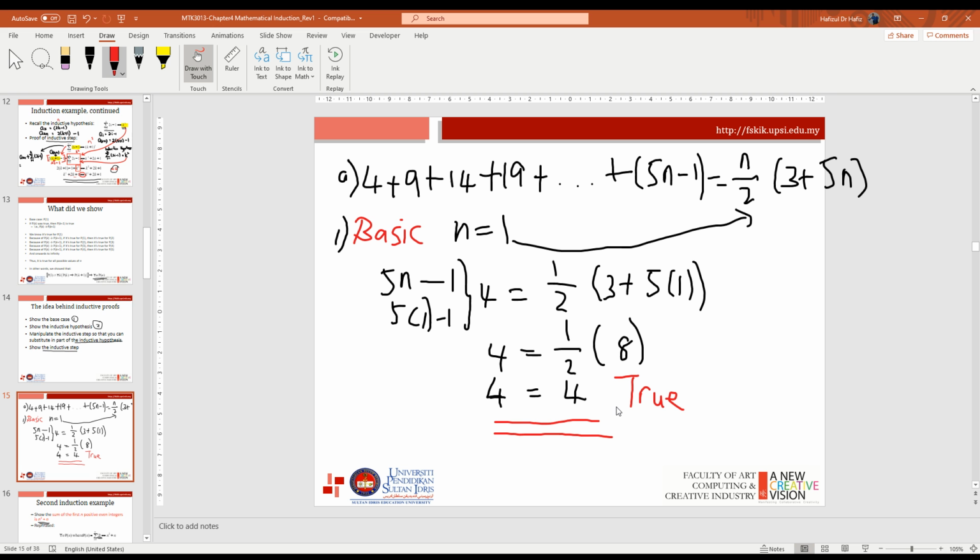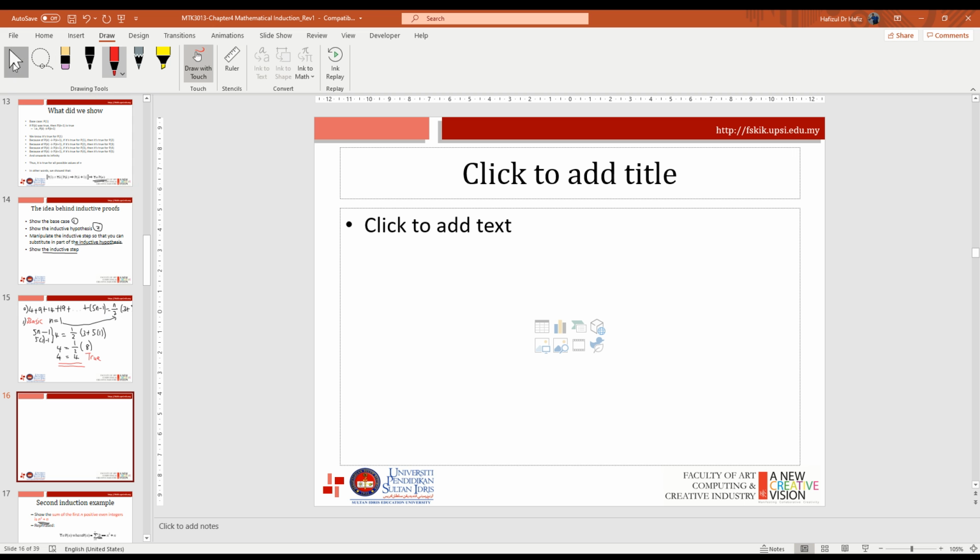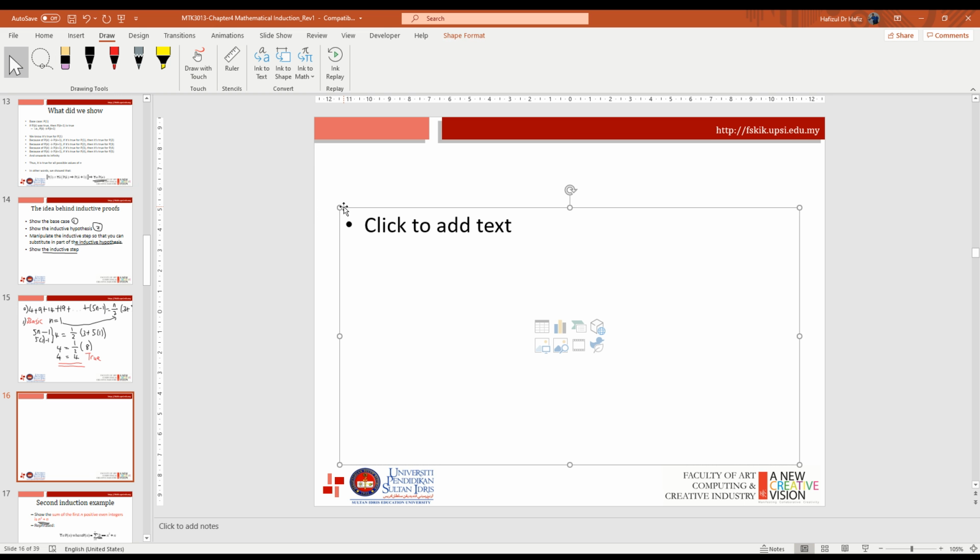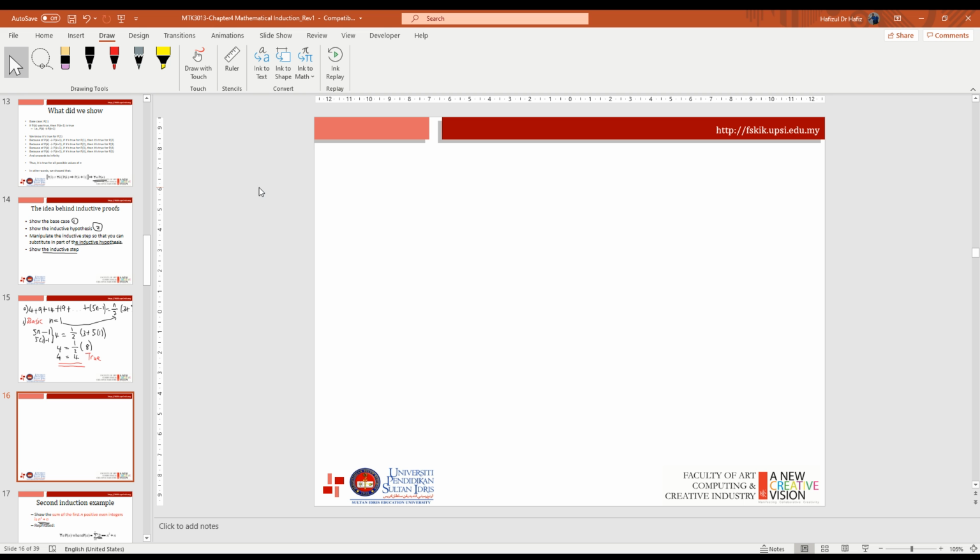Okay, if you have questions, ask. This one is a basic step, which means that you need to prove. Second is to show the inductive hypothesis. Inductive hypothesis has two parts. First, you need to prove that k is equivalent to 1, and then k is equivalent to k plus 1. Okay, so second is the induction step.